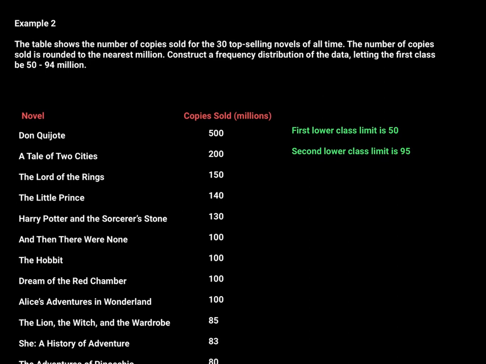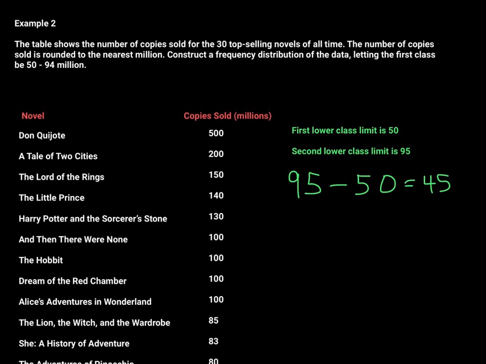So what I can do then is I can subtract the first lower class limit from the second lower class limit to get my class width, okay? And this gives me a class width of 45. That means every single class must have this class width, okay?